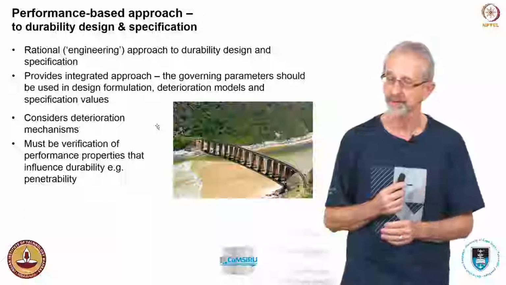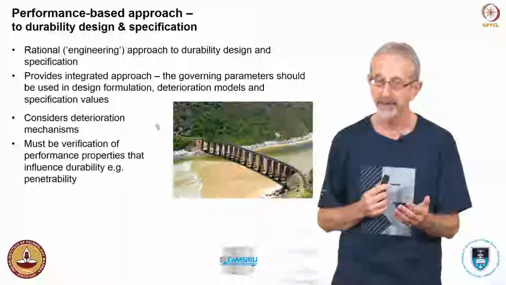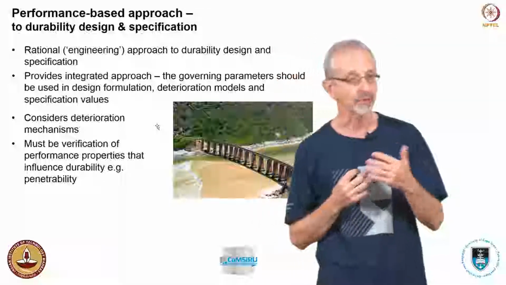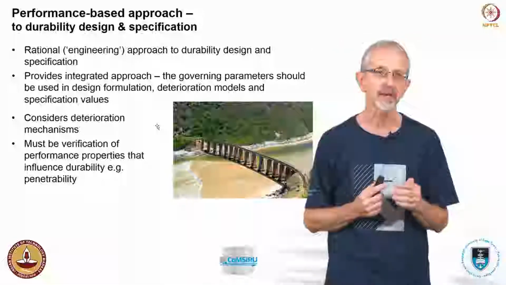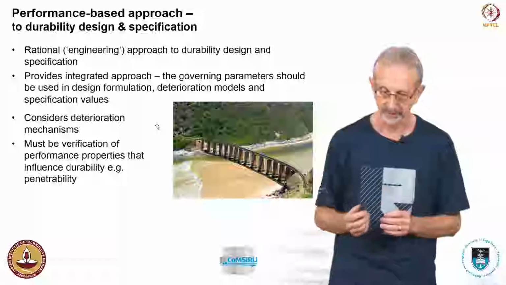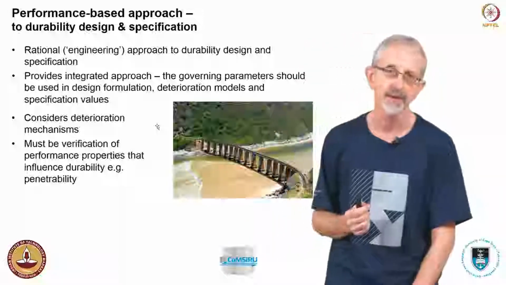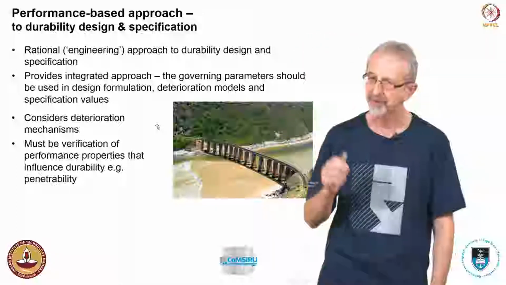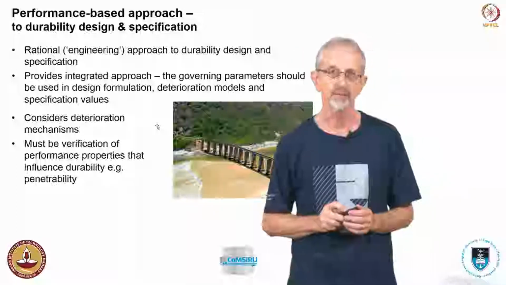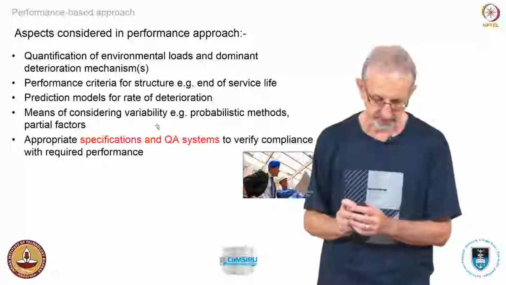We have to understand what deterioration is occurring, how it's occurring, and at what rate it is occurring. And very importantly, if we do have what we call a performance-based approach, there must be verification of performance properties that influence durability. We have to be able to verify that we get what we hope we want to get. So that's a little bit of background.